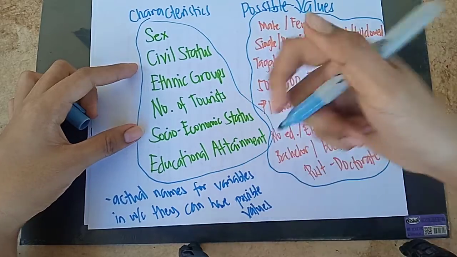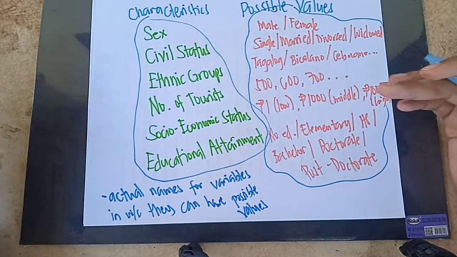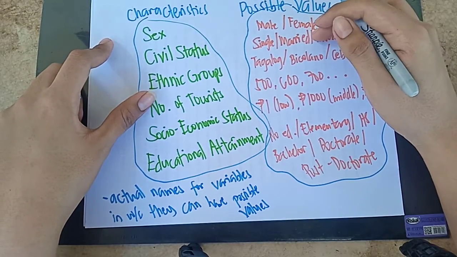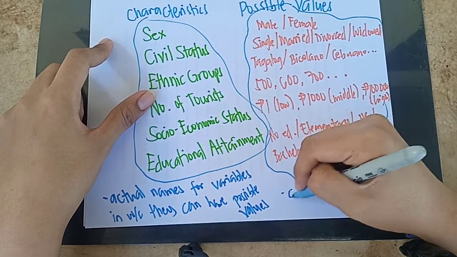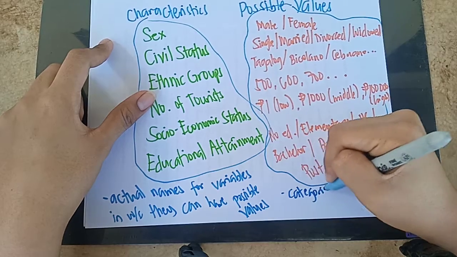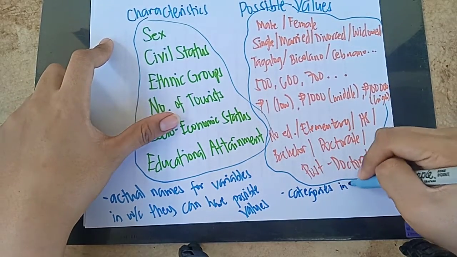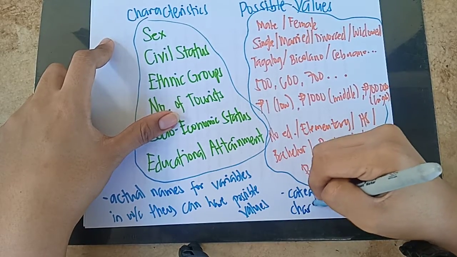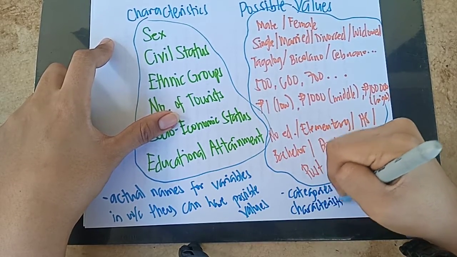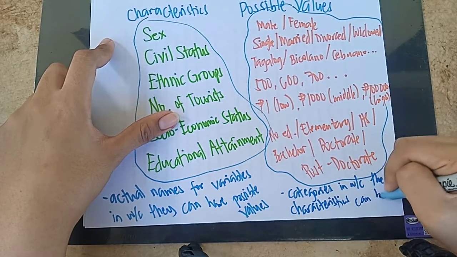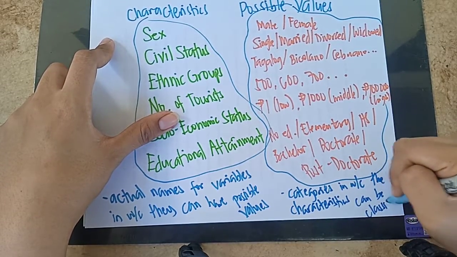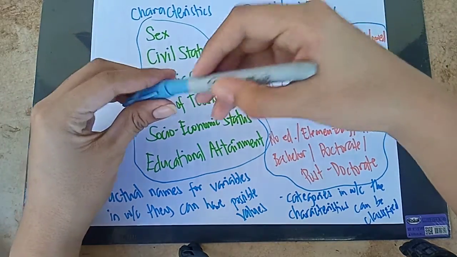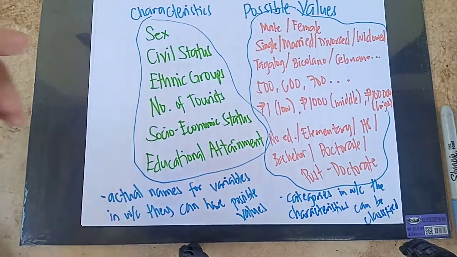While possible values are actually the categories in which the characteristics can be classified. It is the classification of the characteristics.